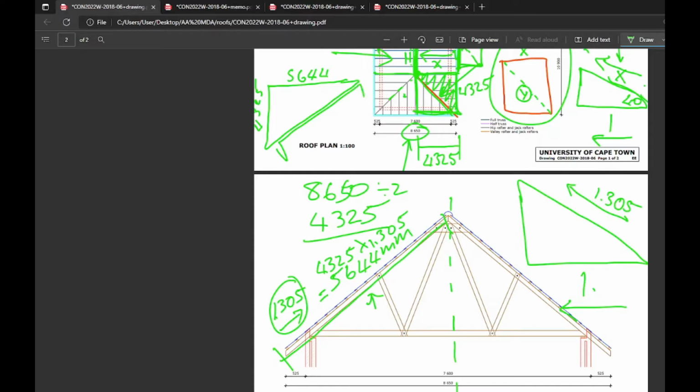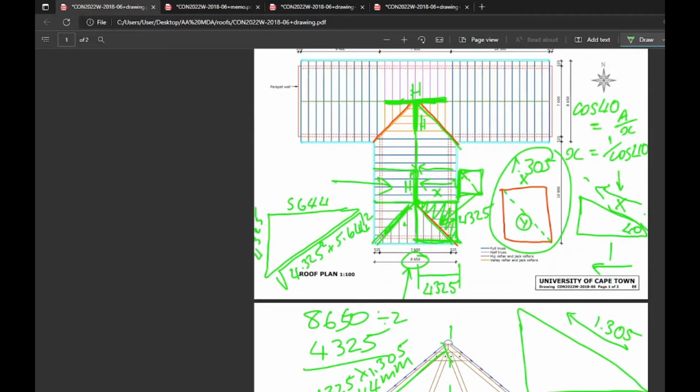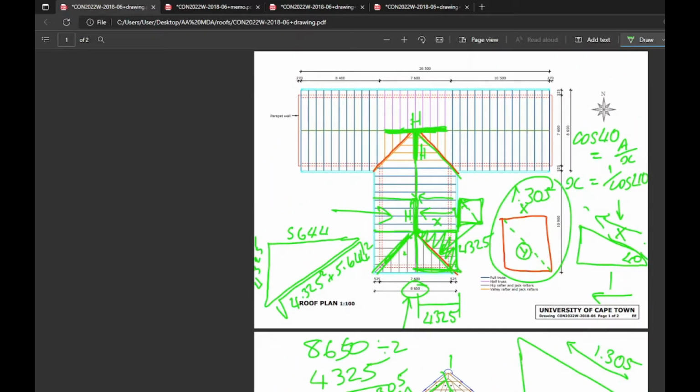And Pythagoras tells us 4,325 squared plus 5,644 squared will give you that valley rafter length. Okay? And we'll make some further assumptions that because this is a perfect 45 and this is a perfect 45, they are both going to be this value.